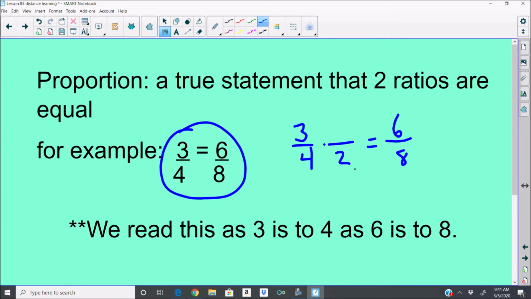I multiply it by 2. I do the same thing on top because this is like multiplying the fraction by 1. So I'm not changing the value, and that is what an equivalent fraction is. They have the same value. If we were to take 6/8 and reduce it, we would end up with 3/4.